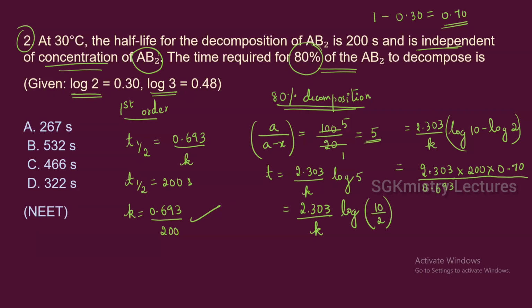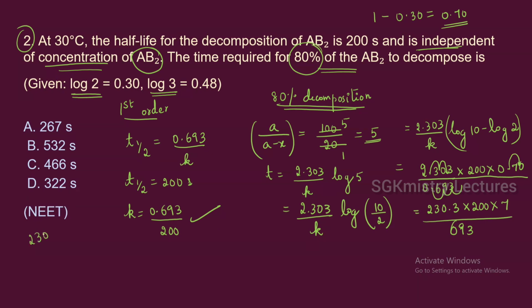I shift 2 points and one more point here so that it becomes 230.3 into 200 into 7 divided by 4. So this also I'll shift, so it comes as divided by 693.